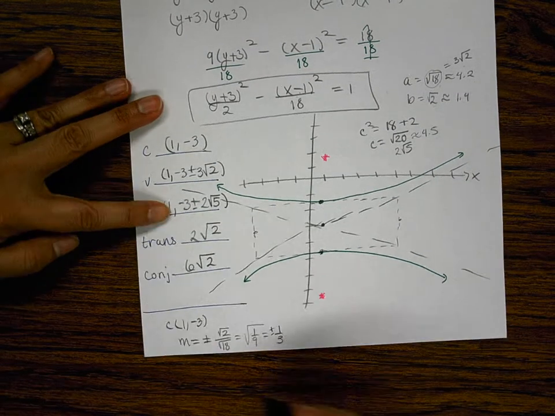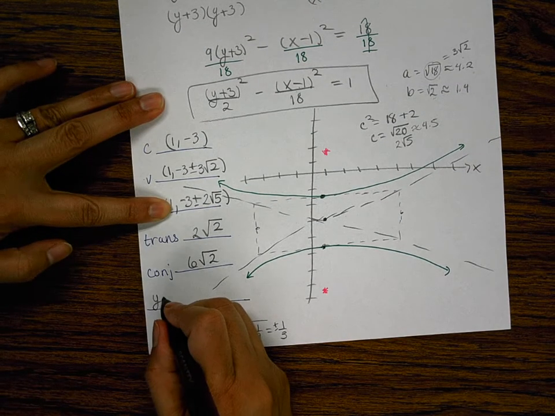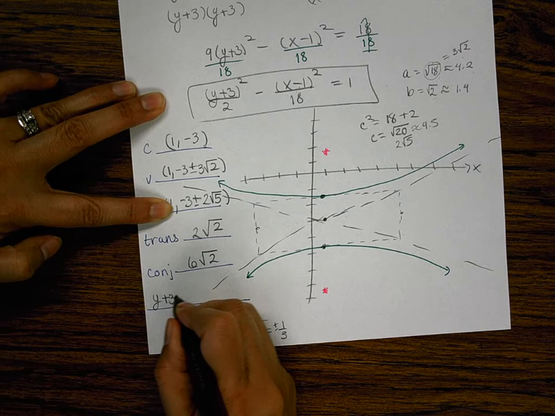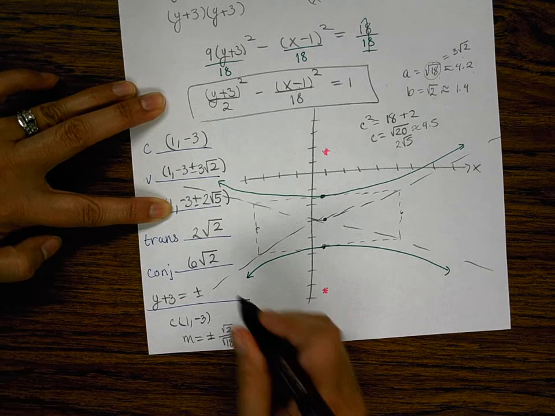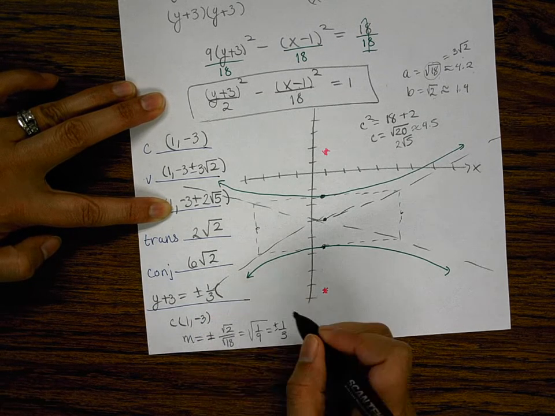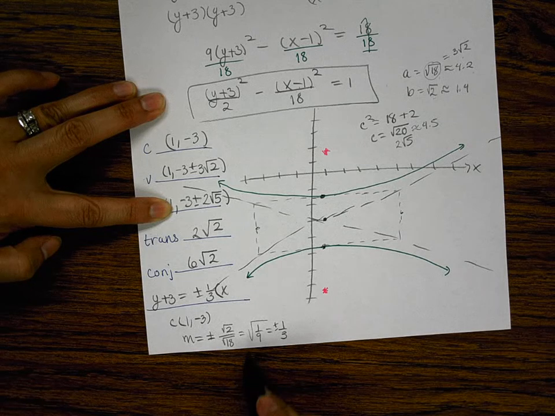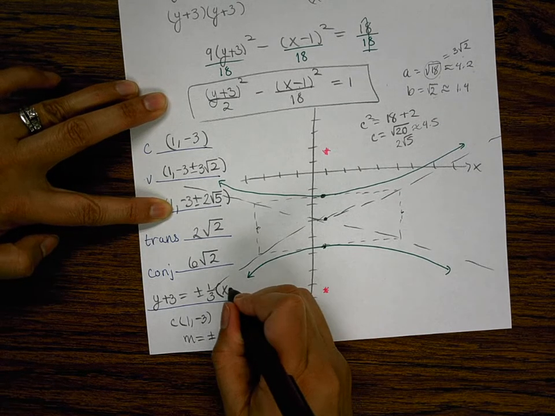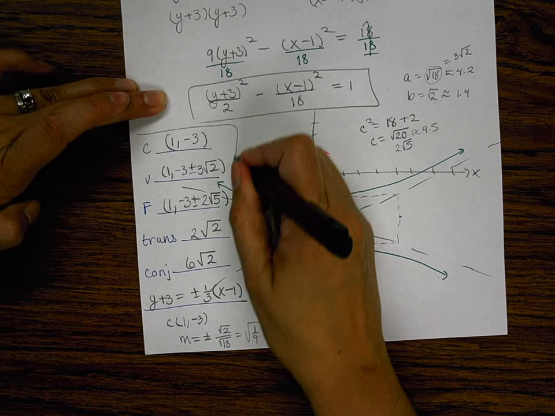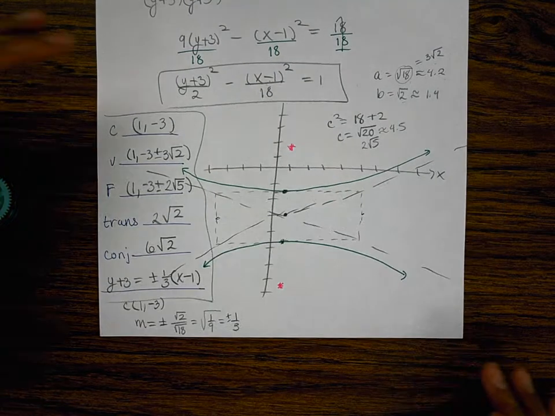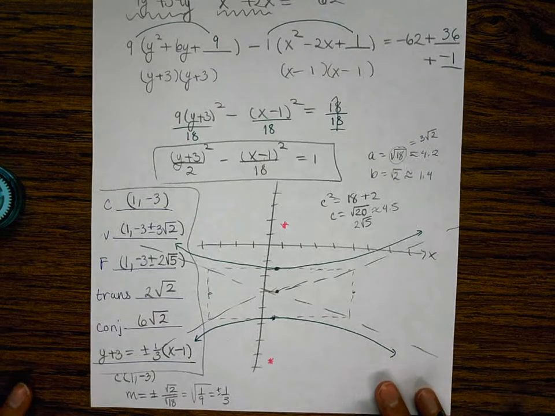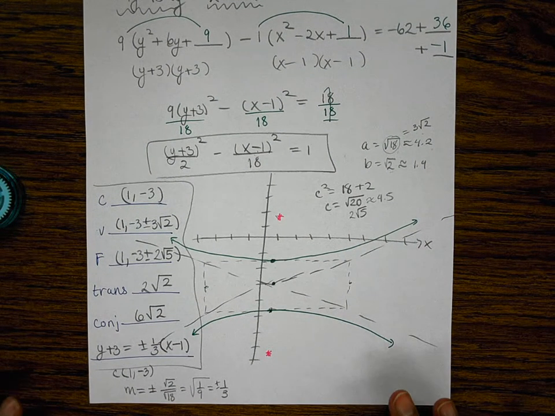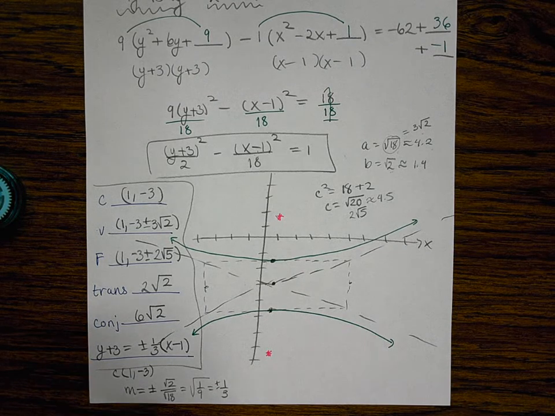Okay, so I have y minus negative 3, which would be y plus 3, equals plus or minus a slope of 1/3, and then x minus 1. There's all the information, and there is your graph. All right. And that is it for this section of homework questions.